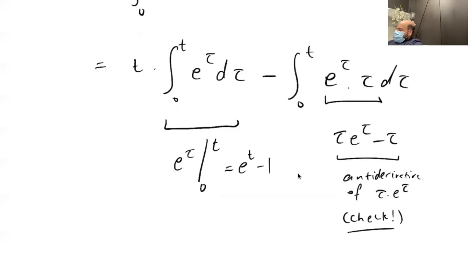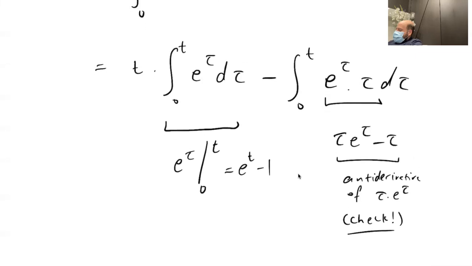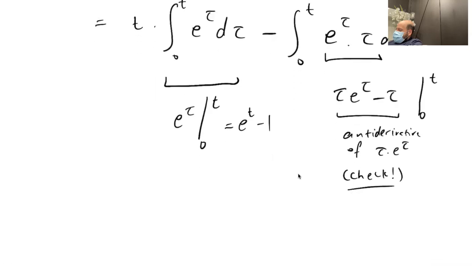And then I have to calculate this function between 0 and t. If I compute it between 0 and t, I'll get t e to the power t minus e to the power t plus 1.